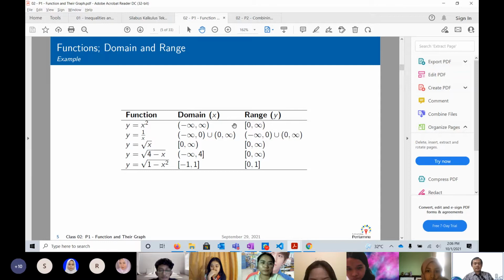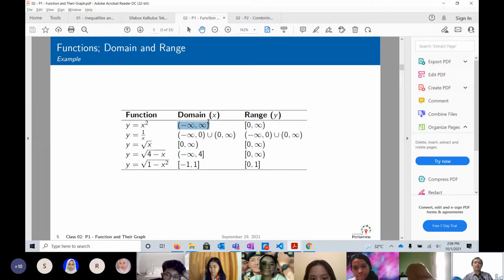The negative values are not part of the range because the value of x squared cannot be negative, and since the domain of x is all real numbers, we have the non-negative numbers as the range of this function.